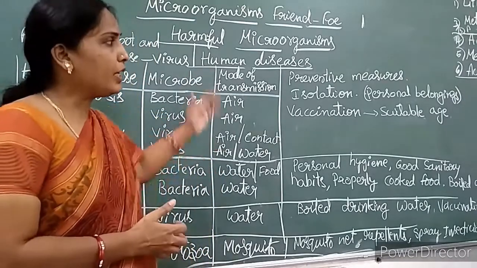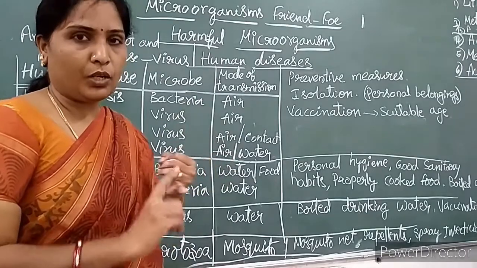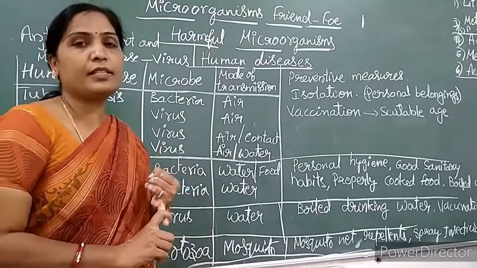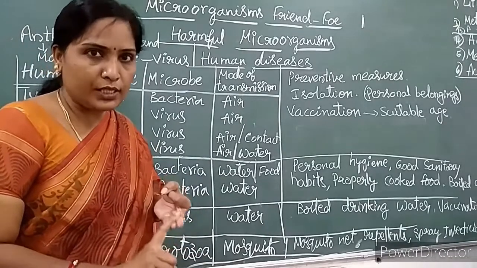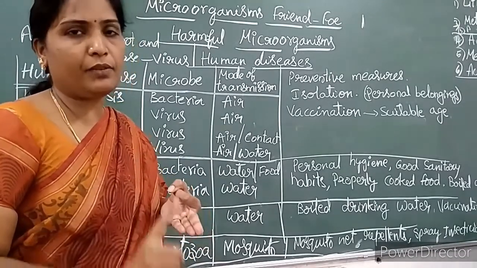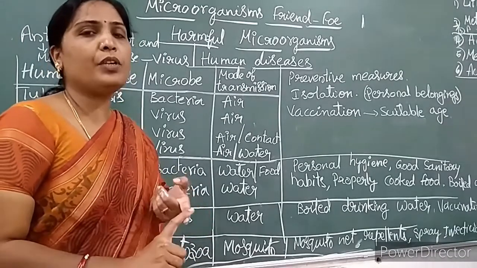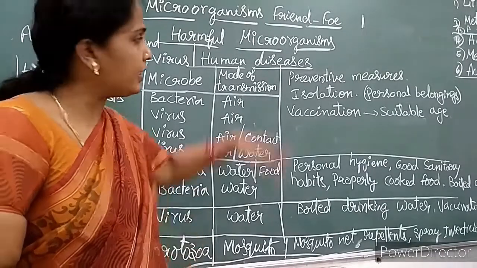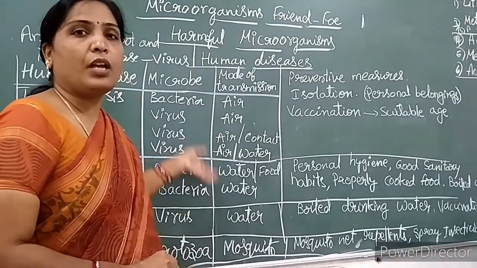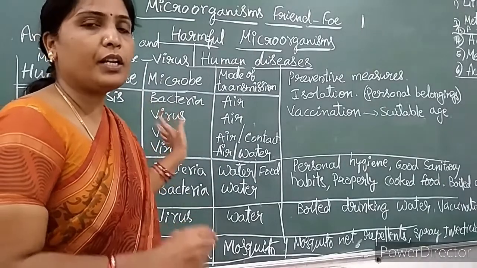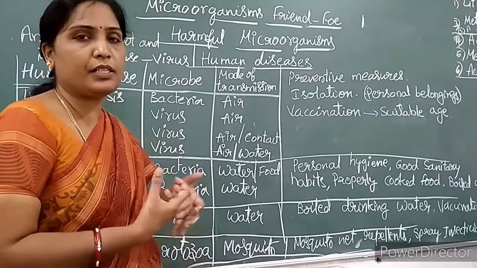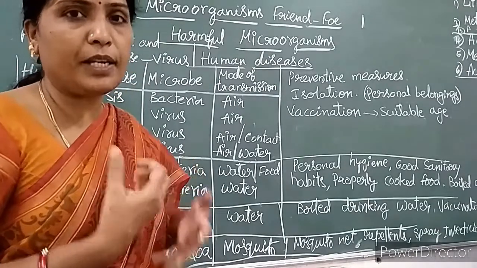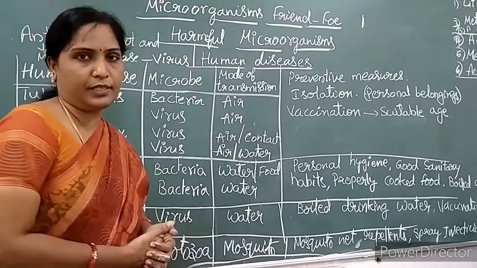Till now, we have completed the meaning of pathogens, the meaning of communicable diseases, how these communicable diseases spread from person to person, and how we can prevent them. We also discussed the different types of diseases caused in human beings by microbes.